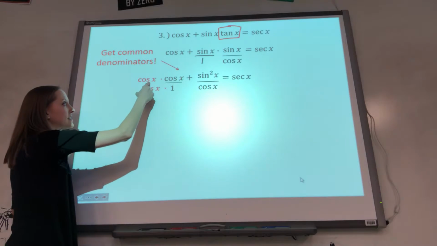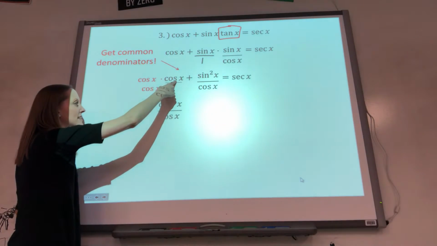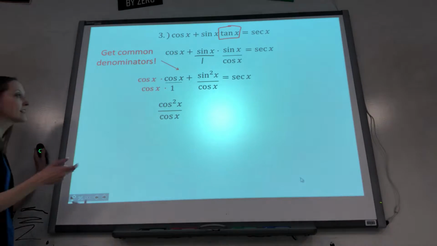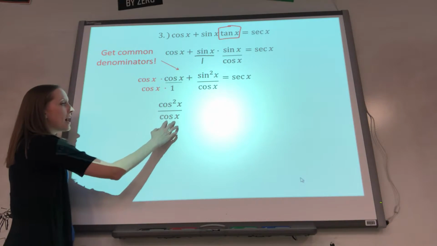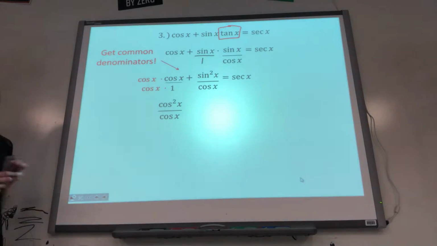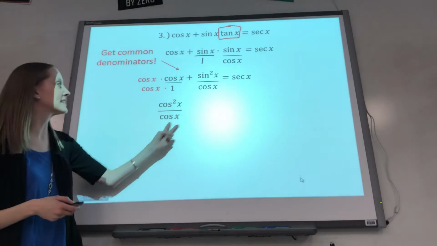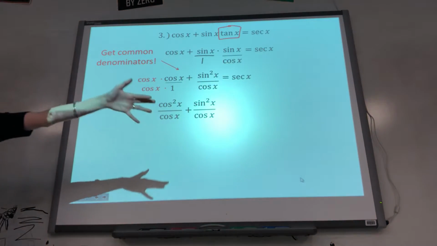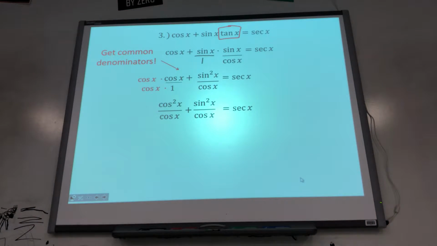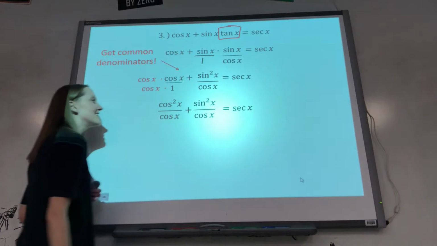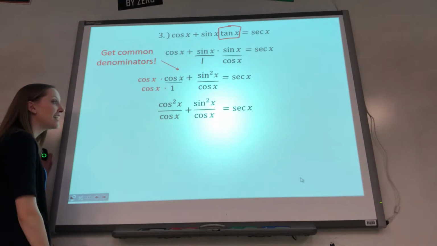Cosine of x times cosine of x, that is cosine squared of x. And on bottom, that's exactly what we wanted. Cosine of x times 1 is just cosine of x. I didn't have to touch that second fraction because it already had the denominator that I needed. And there's secant of x, still hanging out on the right-hand side.